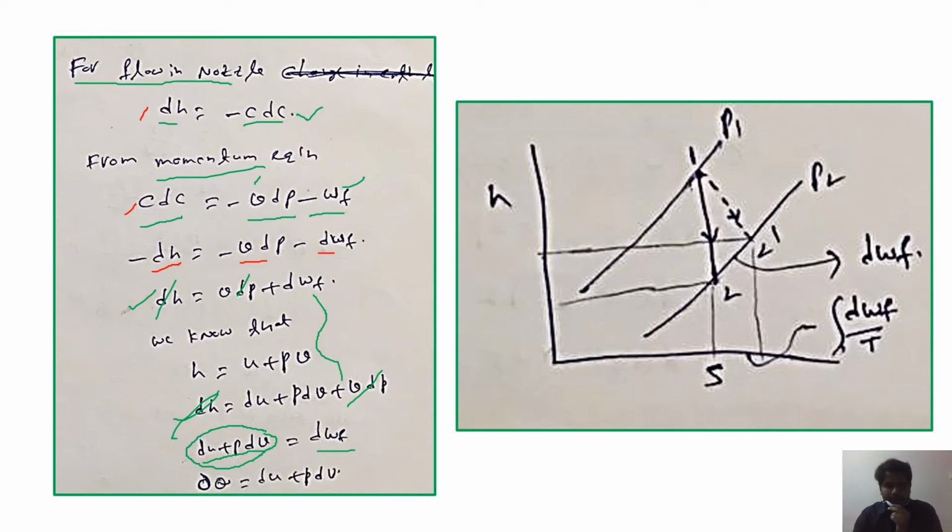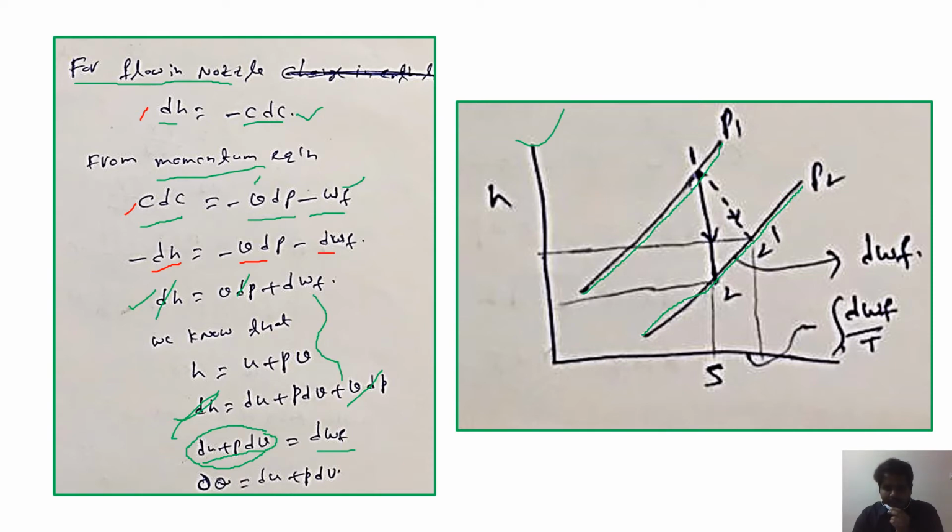Now as you can see on the HS diagram, this is the constant pressure line P1 at the inlet of the nozzle. This is the constant pressure line P2 at the exit of the nozzle.